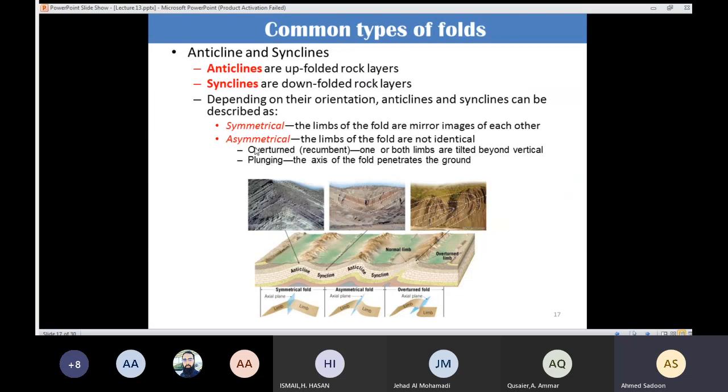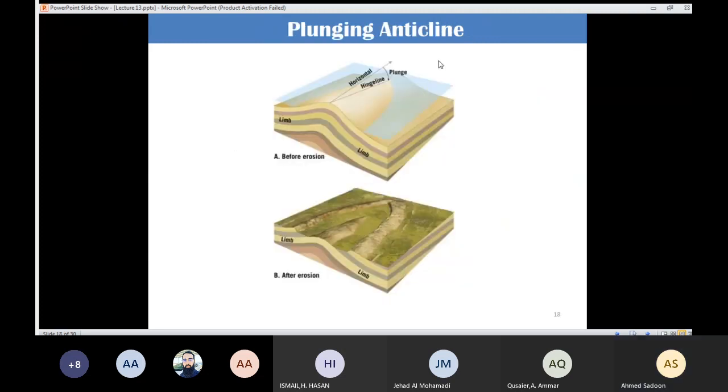The overturn means that one or both of the limbs are turning beyond vertical. While in plunging, we are going to find that the axis of the fold penetrates the ground, like this case. And if we are going to have erosion, the figure is going to be like that.